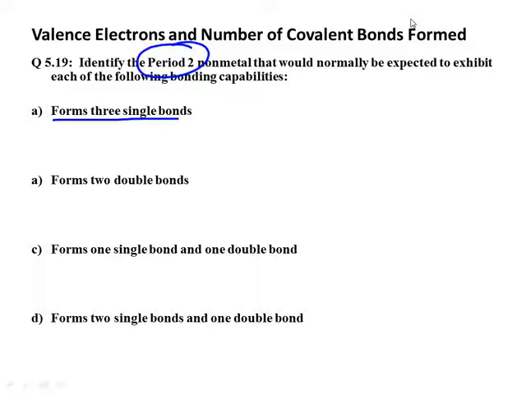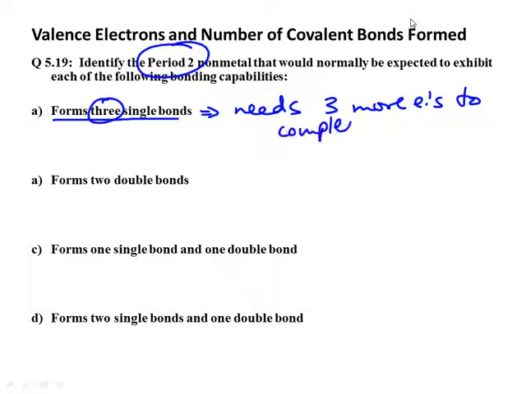If it forms 3 single bonds, it means that it needs 3 more electrons to complete the octet. If it needs 3 more electrons, that means that it already has 5 valence electrons.